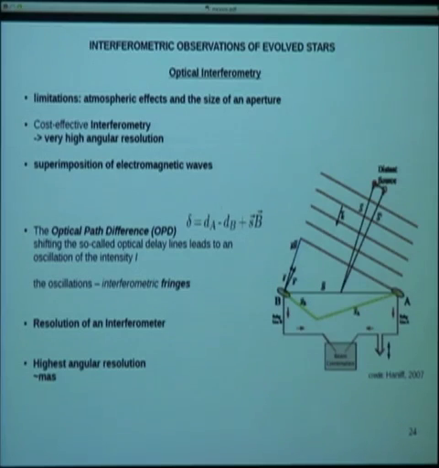The current technology does not allow us to observe at this resolution. So the cost-effective solution is interferometry, which is combining light from two or more telescopes. It's a superposition of electromagnetic waves.